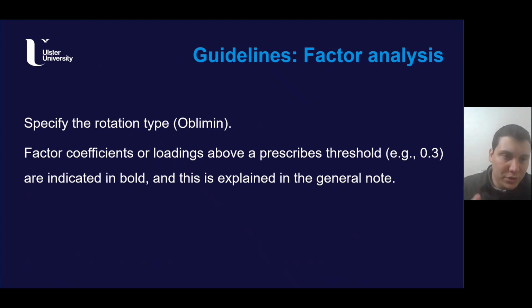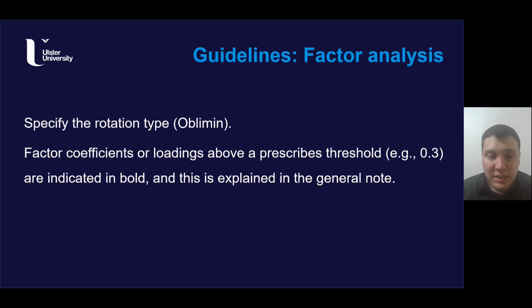So the other factor loadings are not erased in APA style 7th edition. They're kept in the table. All of the factor coefficients or factor loadings are all going to be there. You just indicate the ones above your threshold using bold, right? That's how we identify which items are loaded into which factors.